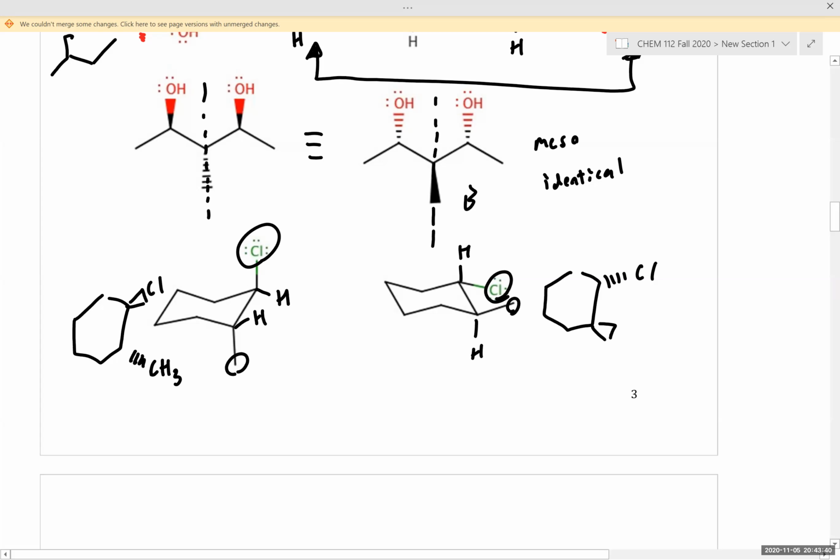Is the methyl pointing up or down? Up, yep. I mean, you can even draw this, oh, it gets a little tricky after a ring flip. So this structure would look something like this.